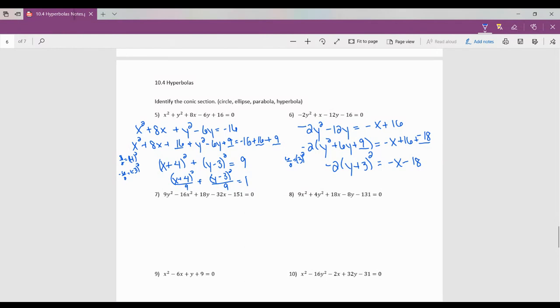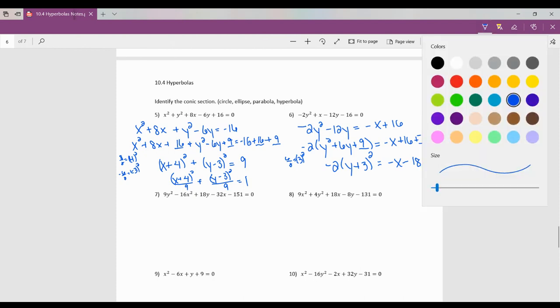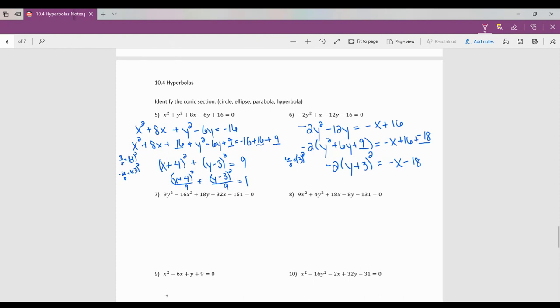Okay, so for these ones, just to kind of recap, I'm going to go ahead up to the top and recap certain things. So for a hyperbola, we've got either x squared over a minus y squared over b, or vice versa, equals 1. Or they can switch.